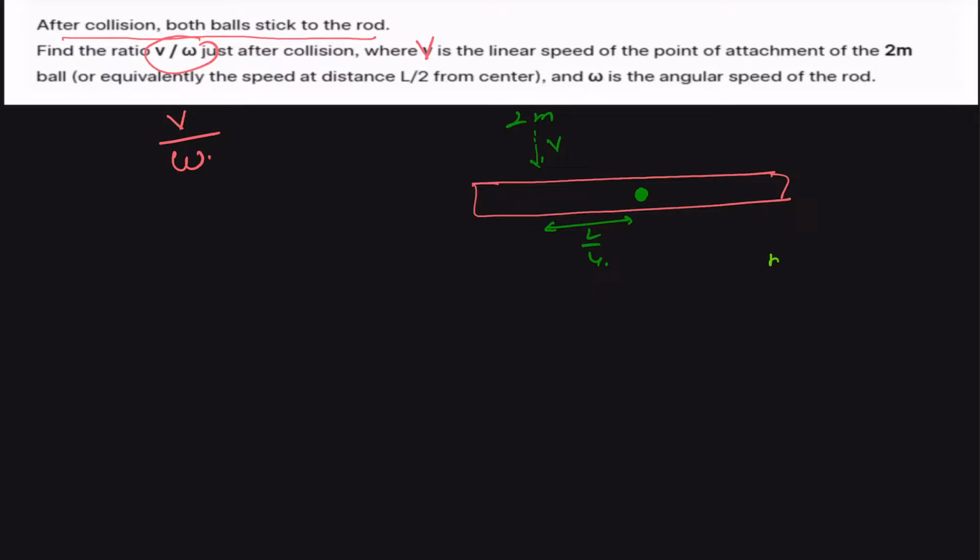It moves upward with the same velocity v, and it strikes at a distance of L/2, and there is a perfect inelastic collision. So after collision, they are going to stick with the rod. So you have to remember this part.